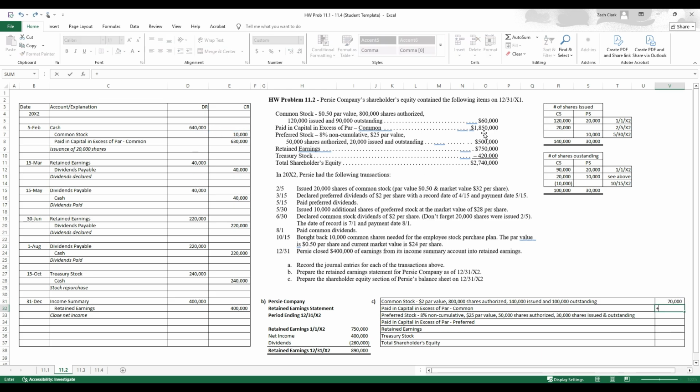Our beginning balance in the paid-in capital in excess was 1,850,000 plus 630,000 here. Our preferred stock was 500,000 to start. And I think, let's see here, we issued some more.